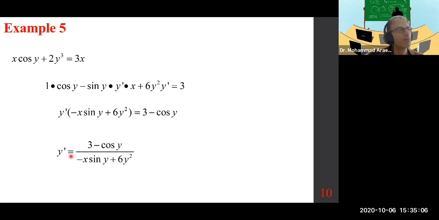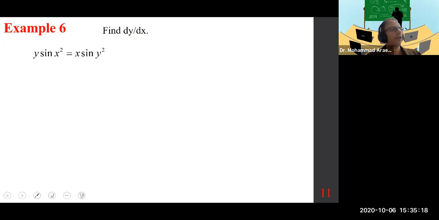Let's go to the next example. All right, we are differentiating using the product rule again. So again, you put a raised dot in between. y and sine x squared.